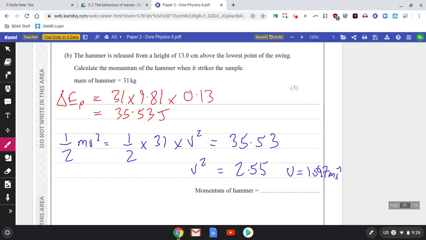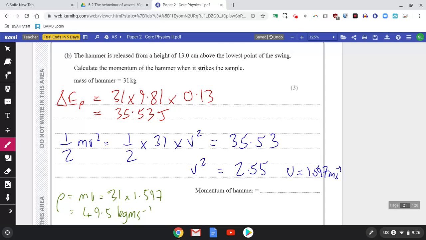So momentum P is mv. We're going to use the 31 again, multiplied by 1.597. That's 49.5 kilogram meters per second, kg m s to the minus 1. Not forgetting our unit, of course.